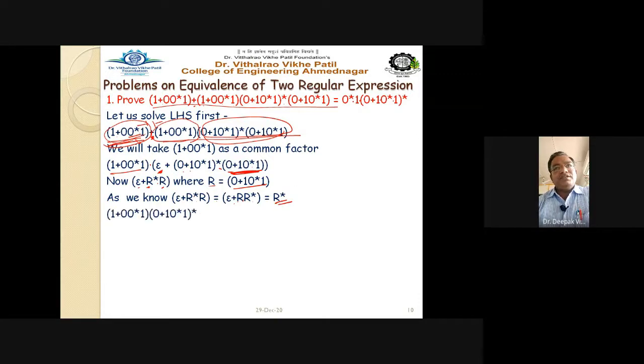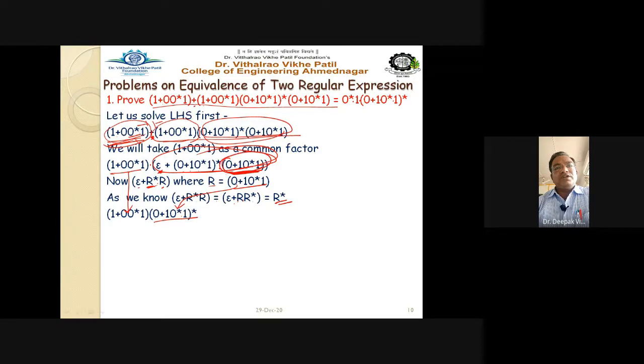Means we can write this is our term. This entire term we can replace by this one, because this is your r now, 0 plus 1 0 raised to star dot 1 raised to star. Getting this point? This term is as it is here, and this entire term is called r.